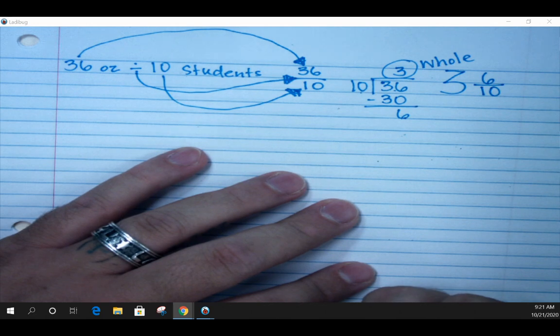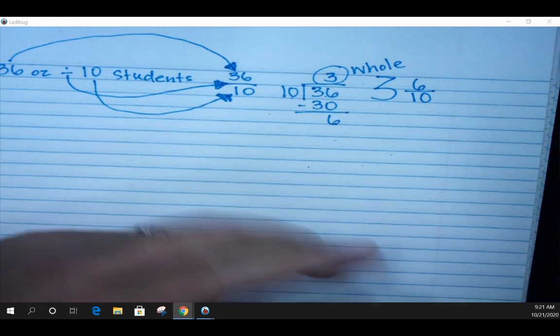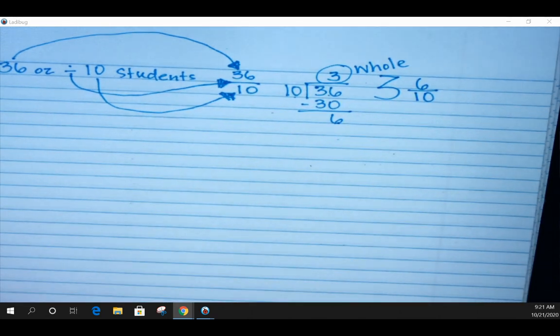Now I have a problem with 6 tenths. How do you know? They're both what? They're both even. That is one way you can tell. If both numbers are even, it is not simplified. That's only one way to tell. Okay?